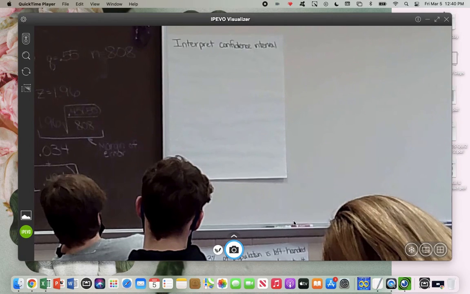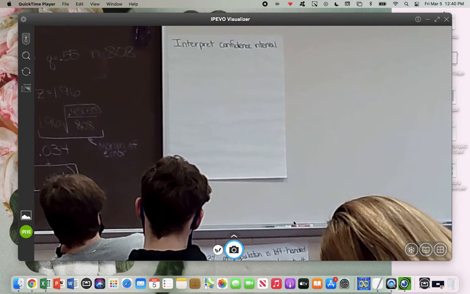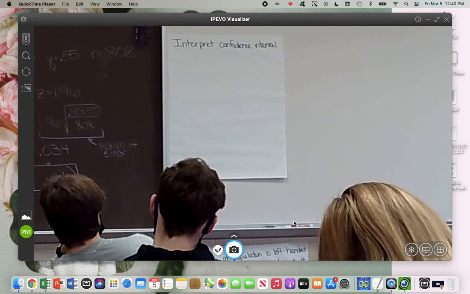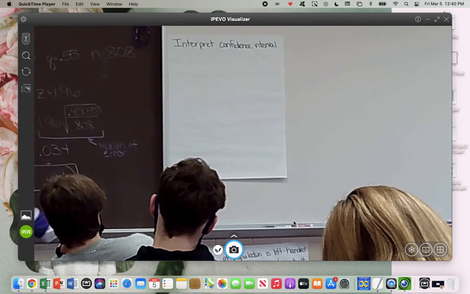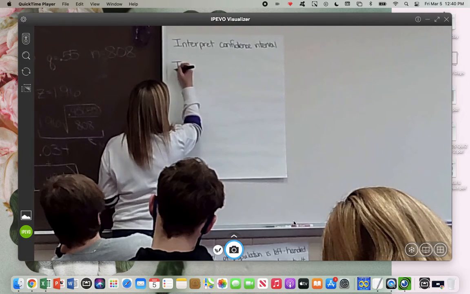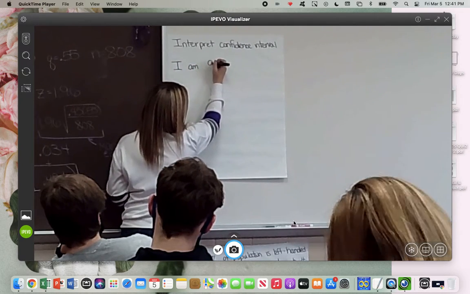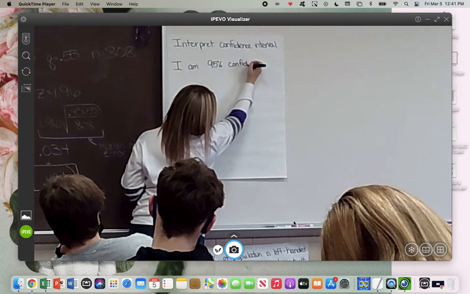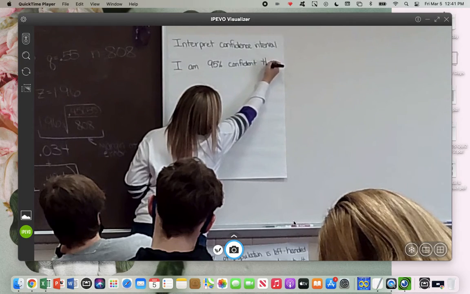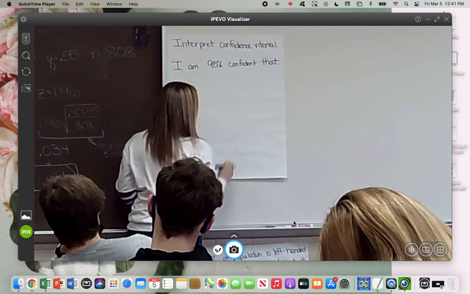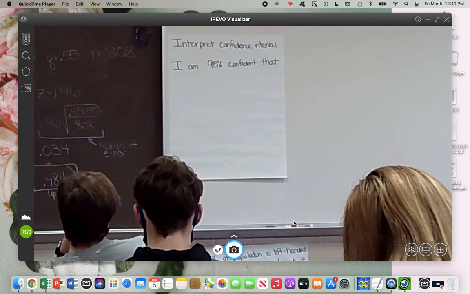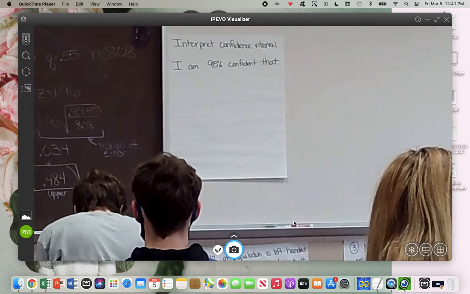All right, so if we are interpreting that confidence interval, you're just writing a statement explaining what these numbers mean. So first of all, how confident are we? The first thing you're going to say is, I am 95% confident that. Now in this case, we're talking about probabilities or proportions.